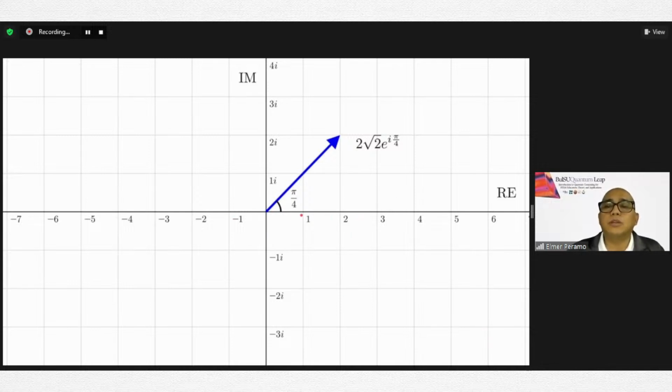So 2 is your A and 2 is your B. To get the value of R, it's just 2 squared plus 2 squared, and then get the square root of that. That's square root of 8, or that is 2 square root of 2. And e raised to the i pi over 4. Pi over 4 is the argument.